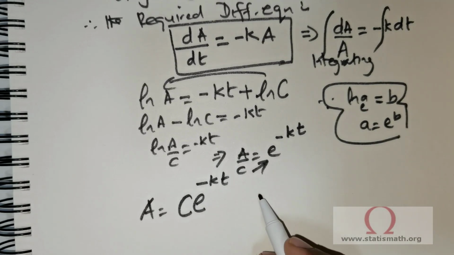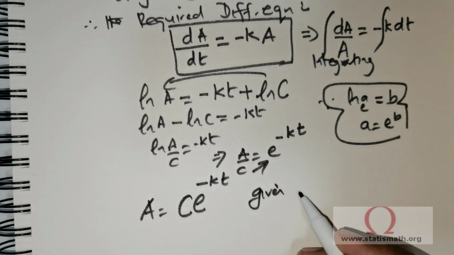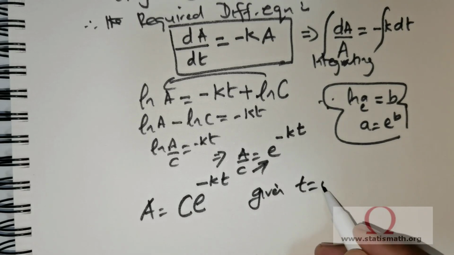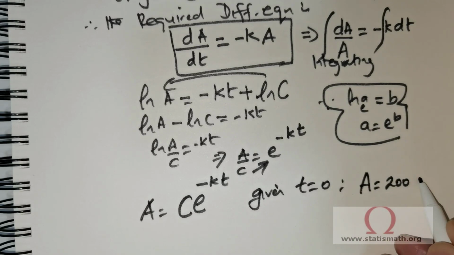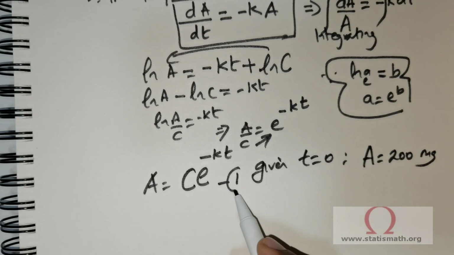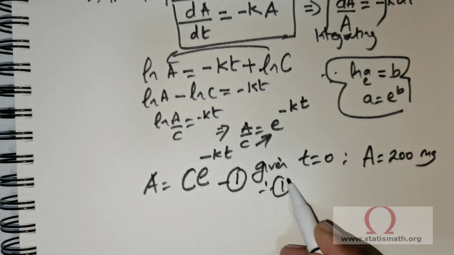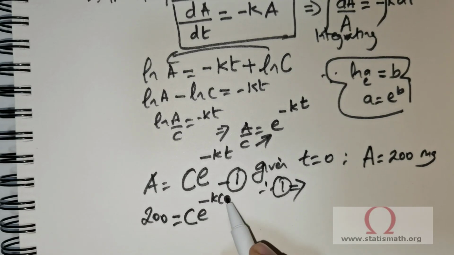Now we are given the following information. We are given that when time is equal to 0, the amount of isotope is 200 milligrams. If I take this as equation 1, I can rewrite equation 1 as 200 is equal to C times e raised to the power negative K times 0.